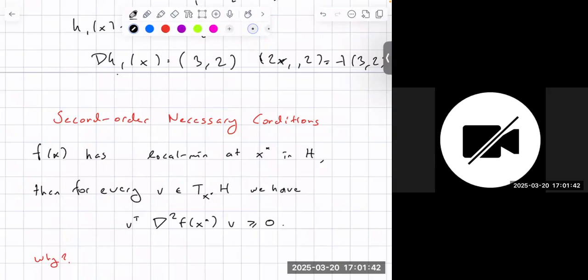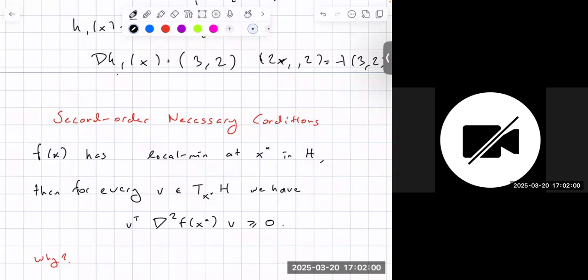When you look at the second derivative of your function, this is going to be like a Hessian matrix. And you put those tangent vectors from left and right, you should always get a number that is 0 or bigger. If you get a negative number, this will give you a way to get smaller.